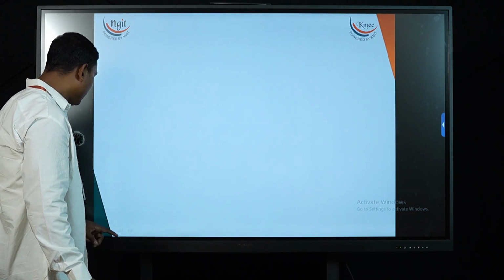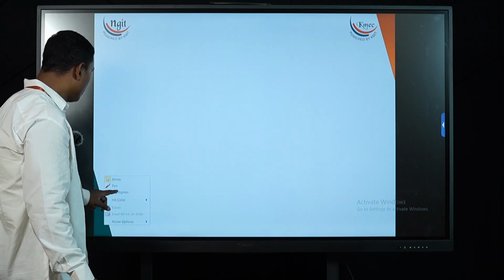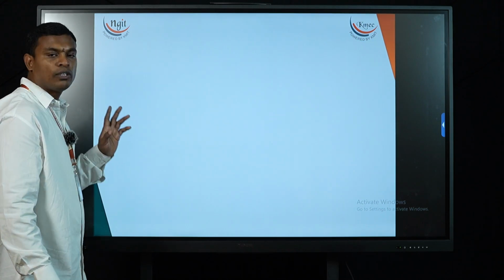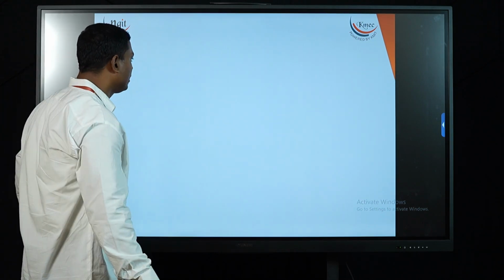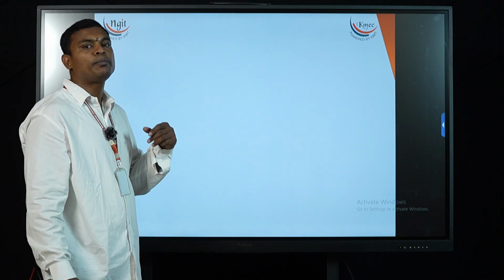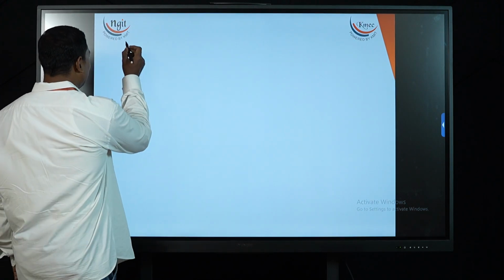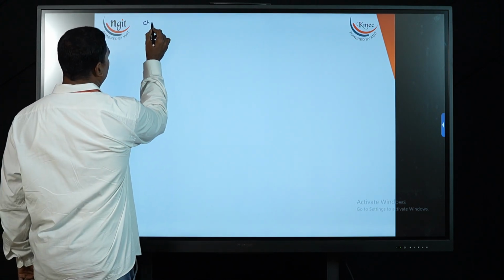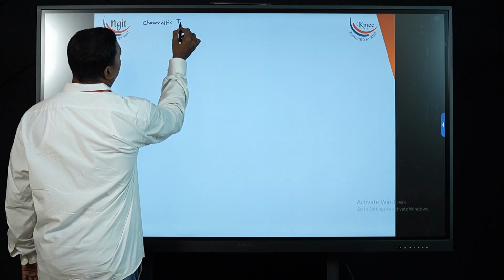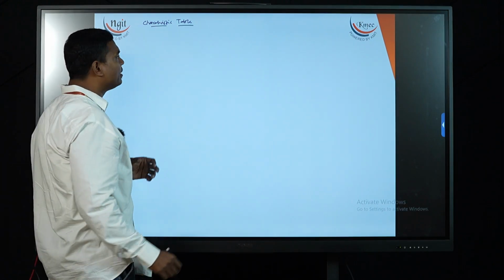Let's get into the next thing, the characteristic table. Now you know the transition table of the SR flip-flop. The characteristic table means my present state can be either 0 or 1. Let us draw the characteristic table. It defines exactly the behavior of my SR flip-flop.